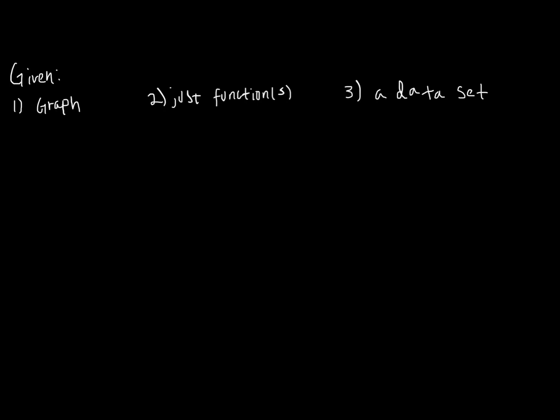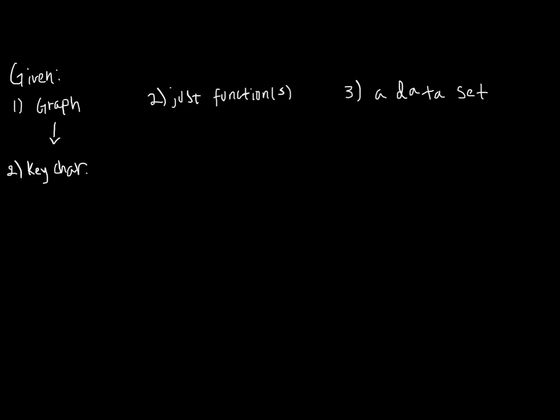Alright, so let's talk about first if you're given a graph. Here, where we've talked a lot about how visualizing the function is really important, if you're already given a graph, that's super helpful, right? And so if you're given a graph, the next step should be to label those key characteristics that we've talked about. Once you've labeled those key characteristics, you should have a pretty clear idea of the really important points of the function itself.